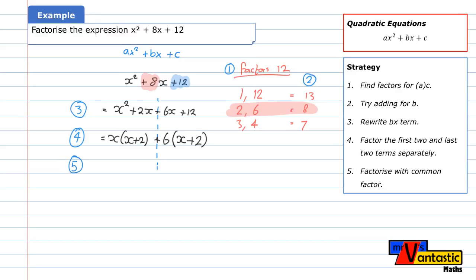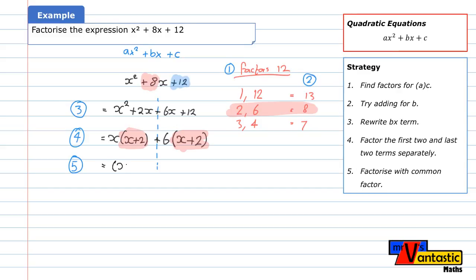Now here's the tricky part. Looking at this new expression, we now have 2 terms that we're adding up, and these 2 terms have a common factor of x plus 2. They both have x plus 2. So just like we did before, we can factorize this and put that common term out the front.